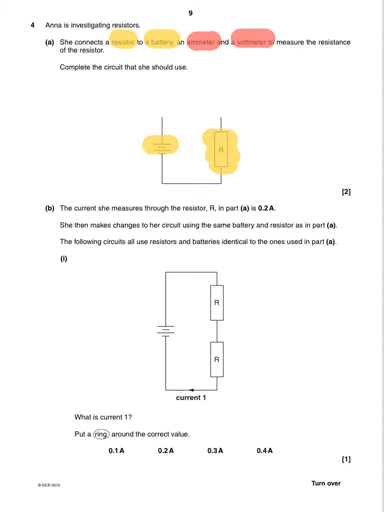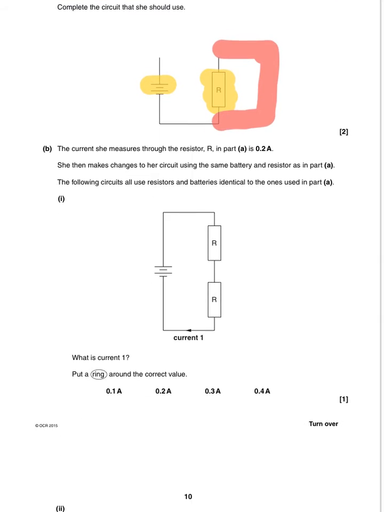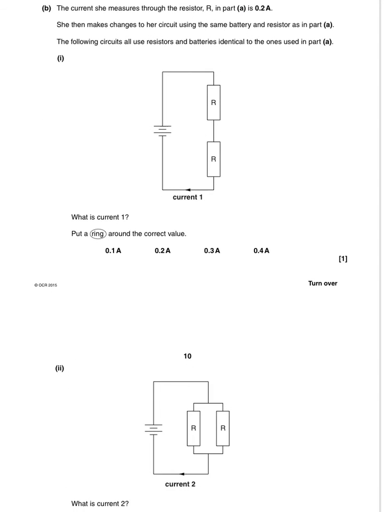And the crucial thing is they're trying to measure the resistance of the resistor. So if something's connected in parallel, it's going to have to go round here. If something's connected in series, that should be much more straightforward. 2 marks for that, which is nice. It's a nice introduction.